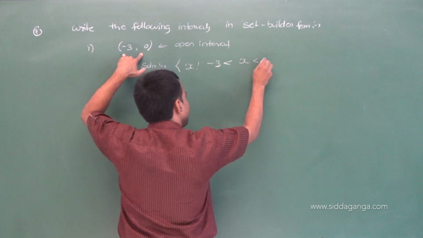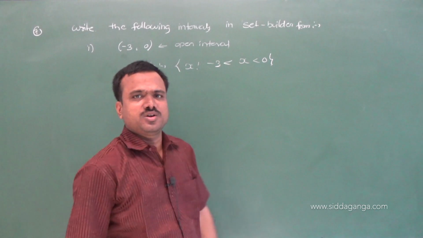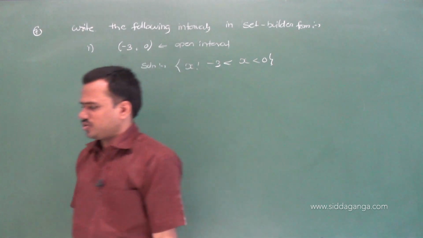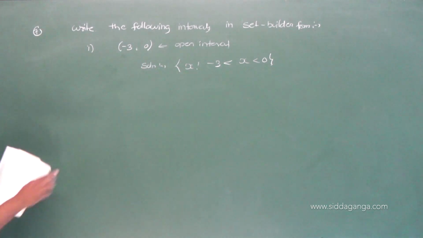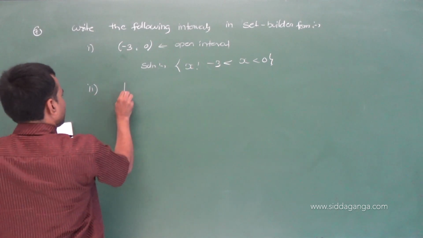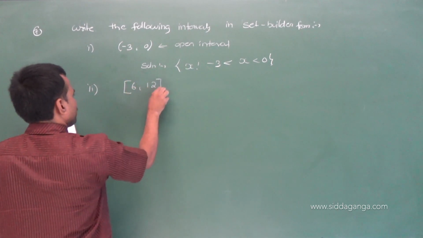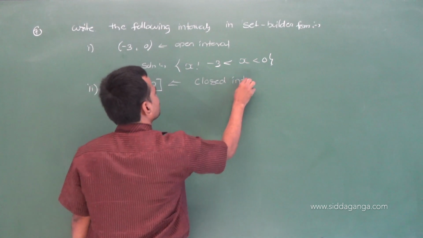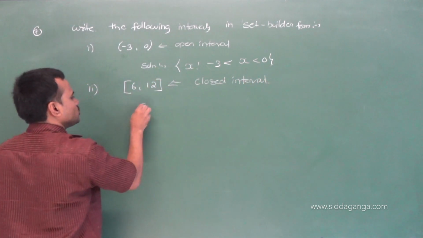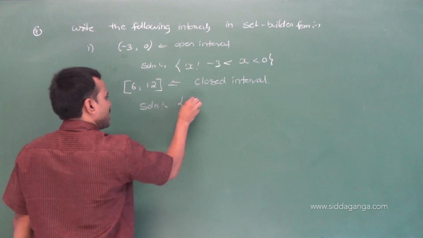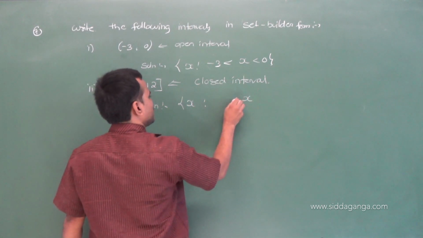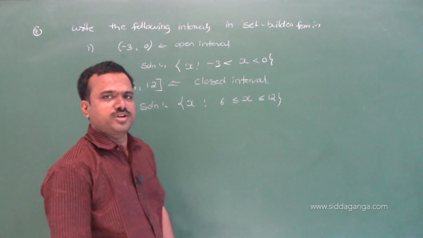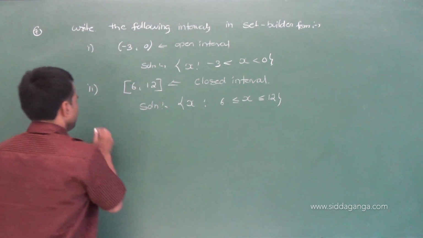Next question. 6 comma 12. This we call a closed interval. Solution: X such that x is greater than or equal to 6, less than or equal to 12, because 6 and 12 end points are included.